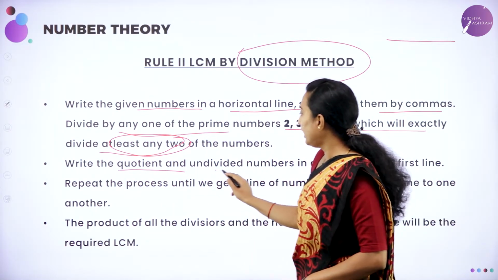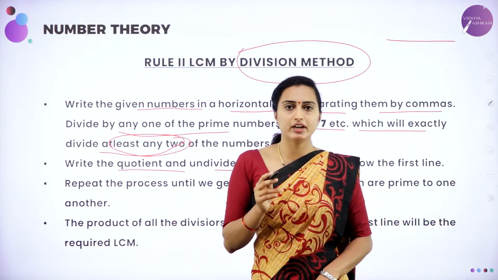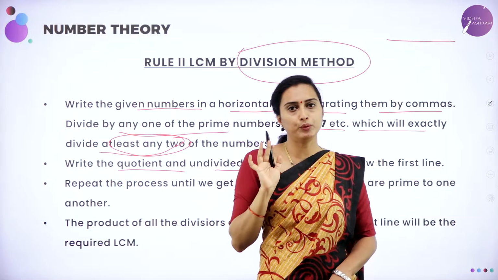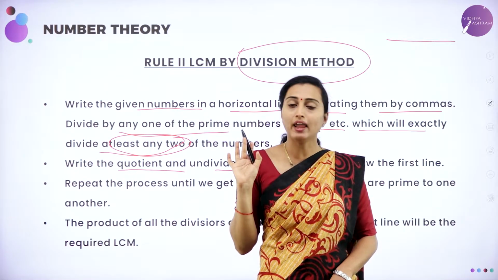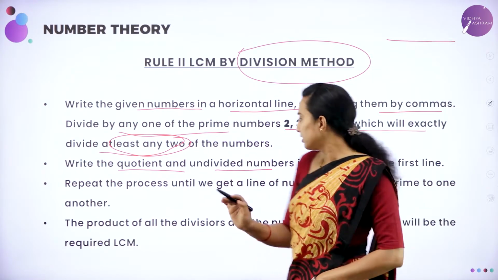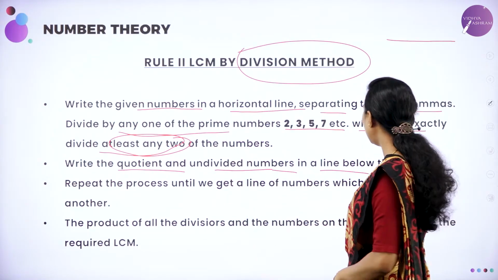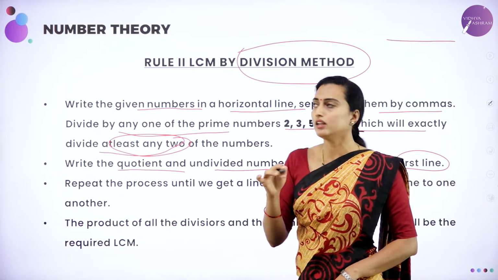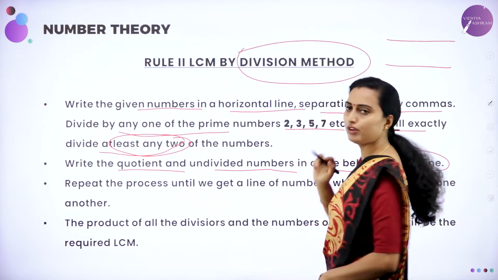Write the quotient and undivided numbers. Undivided numbers means, for example, the first and second numbers are divisible by 2, but the third number is not divisible by 2. That means you are going to write that undivided number as it is. Got it? Below the first line, that means on the next line, you are going to write it.